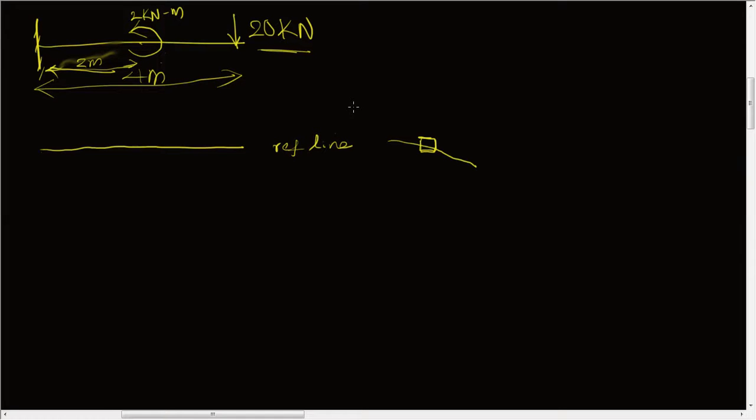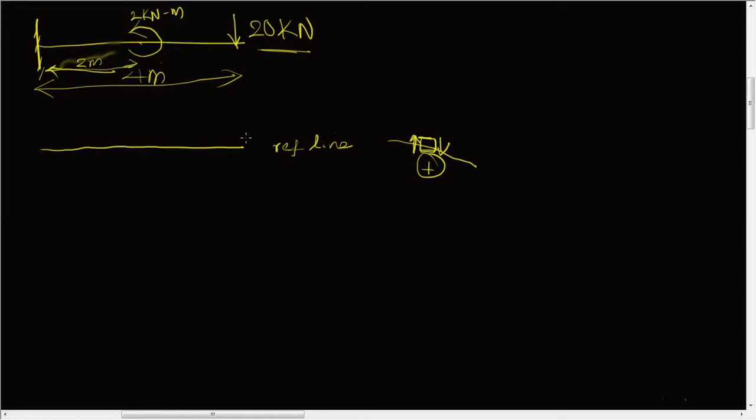Okay, and this element is subjected to load like this, right face downward, left face upward. This kind of element is said to be a positive shear force. If the element right face is subjected to downward force, that is said to be the positive shear force.